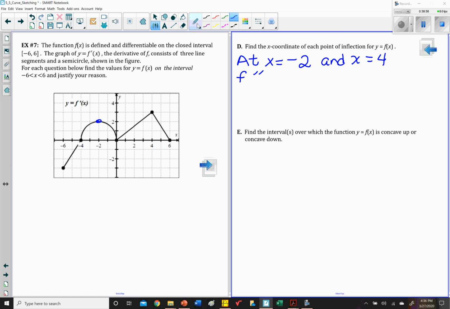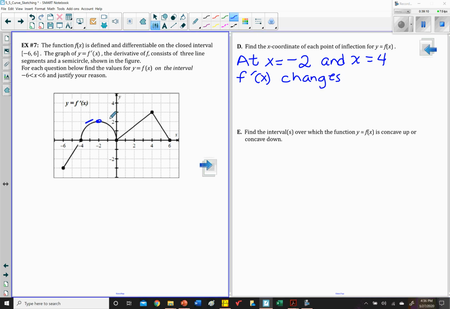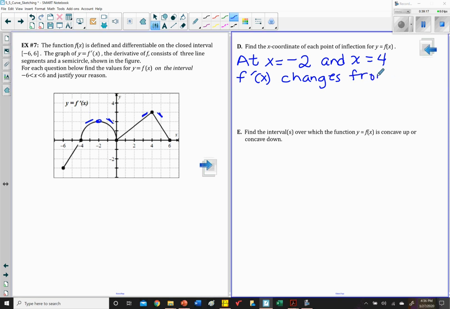Well, they're giving us derivative graphs, so let's say the first derivative. We're going to speak to what they gave us. They gave us a derivative graph. f prime changes from increasing to decreasing at those two places.